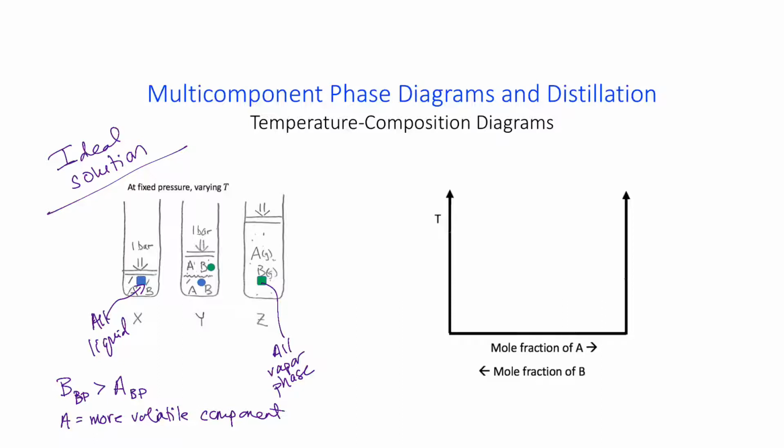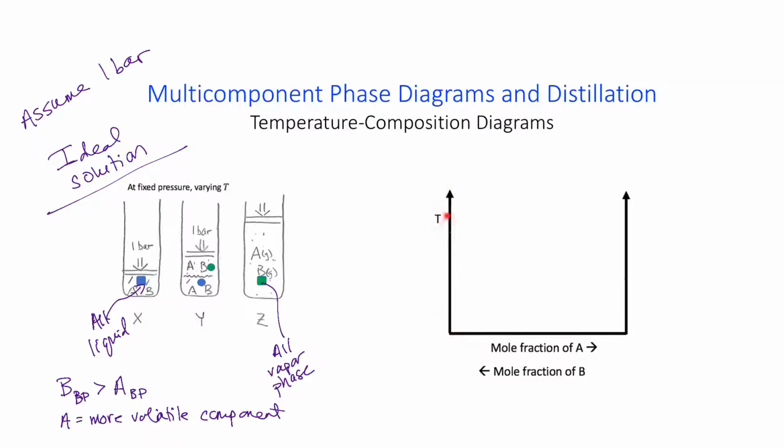So we will assume 1 bar of pressure. What is nice is that we can predict the average equilibrium composition of our liquid and vapor phases of the solution as a function of temperature using what we call a temperature composition diagram. So that's what we're going to set up over here.